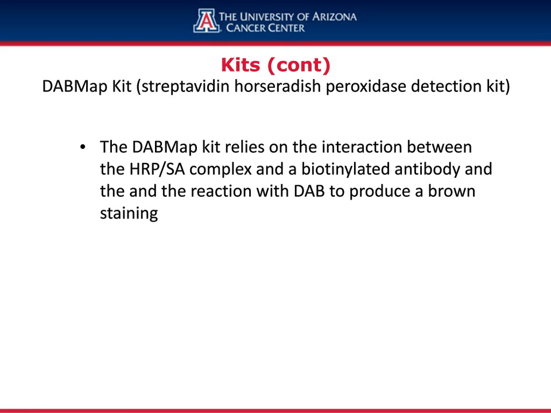Next, I will use the DABMap Kit, which is the standard that I use for everything before I even begin to think about multiplexing. The DABMap Kit relies on an interaction between HRP and the SA complex and biotinylated antibody, and the reaction with the DAB produces the brown staining.